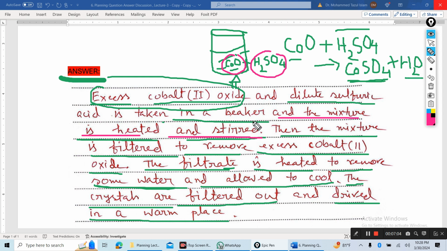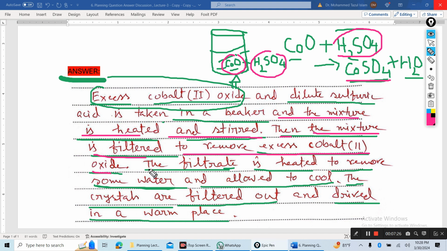After heating, cobalt 2 oxide reacts with sulfuric acid to produce cobalt 2 sulfate aqueous solution. Then the mixture is filtered to remove excess cobalt 2 oxide.